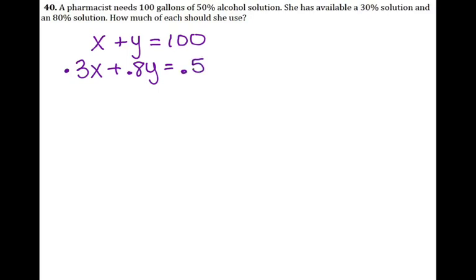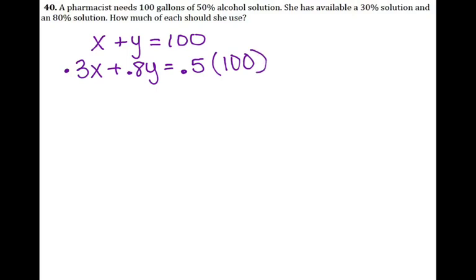So the total amount of solution I need is 100 gallons. So I have X plus Y equals 100. And then for my X is the 30% solution, so 0.3X plus 0.8Y should create a 50% solution, but your 50% solution is of 100 gallons. So again, X represents the amount.